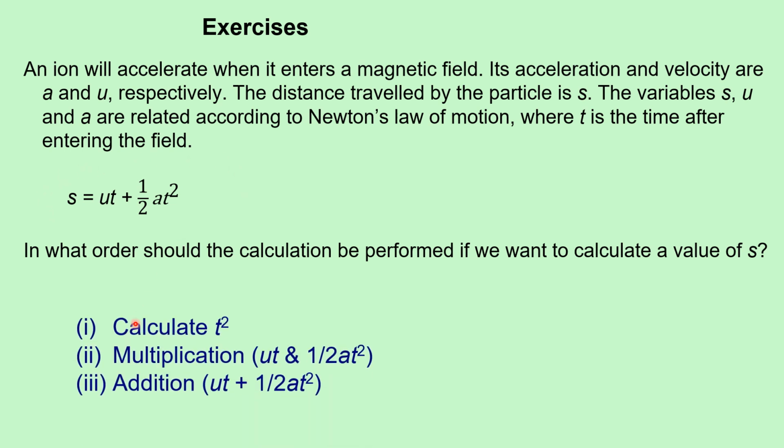First you have to calculate the T power of 2, and then you multiply UT, and also the second part, half times this one. The last part only you add UT plus half AT power of 2. Then you will get the correct answer for this S.